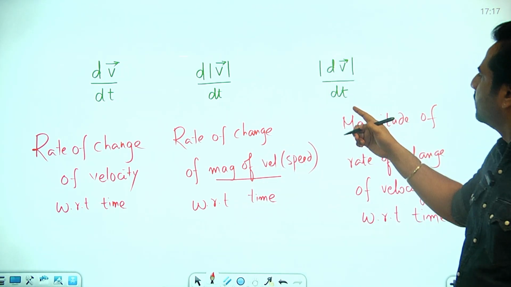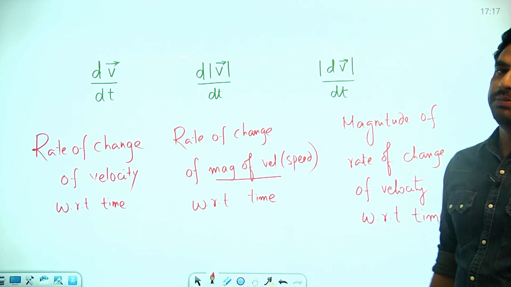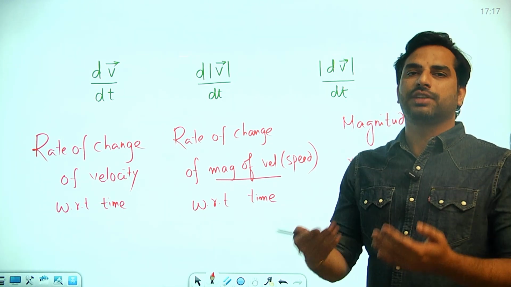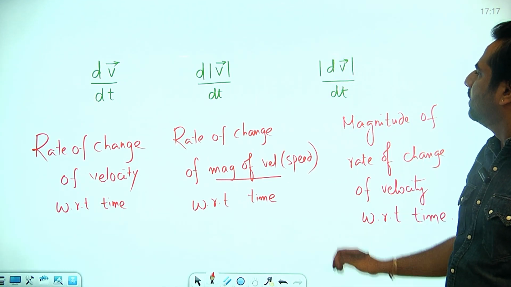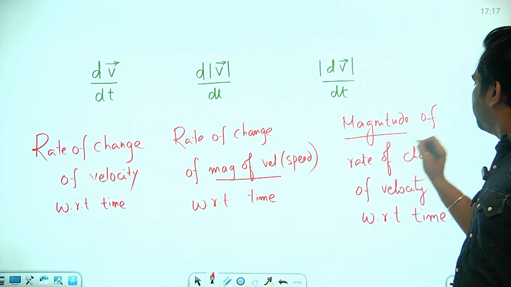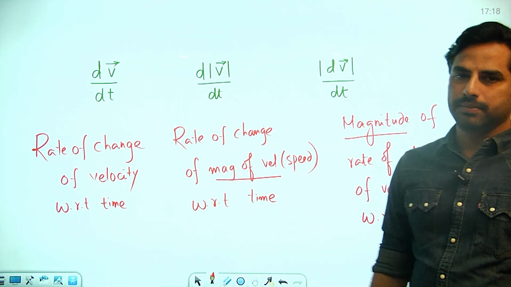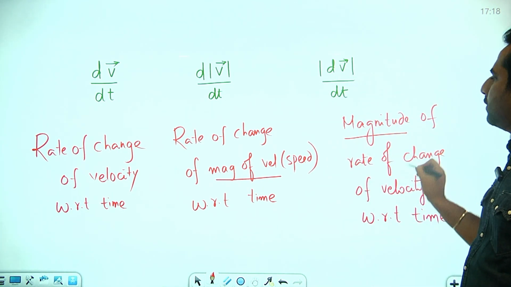And dv bar by dt is a vector, the rate of change of velocity with respect to time, which is acceleration. So modulus of dv bar by dt is nothing but the magnitude of the rate of change of velocity with respect to time.